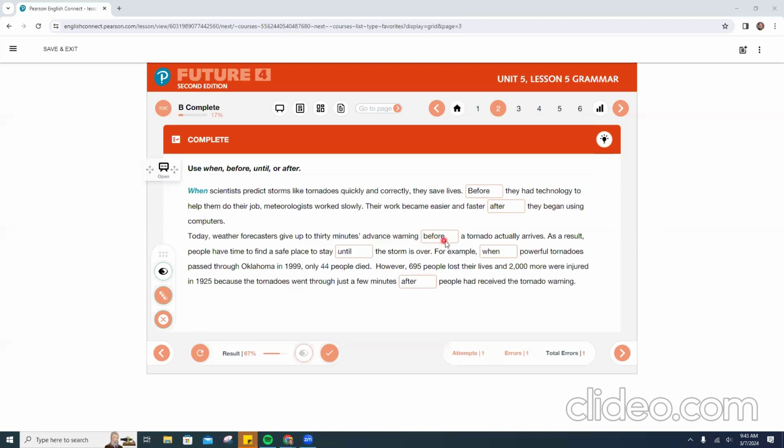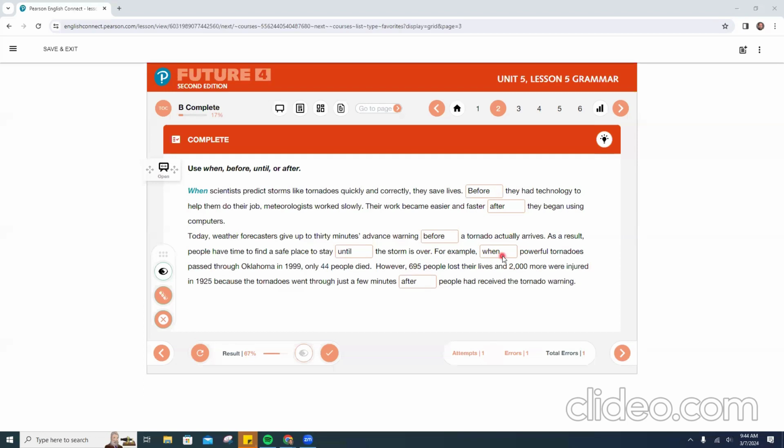Next one, the correct answer is before. Weather forecasters give up to 30 minutes advance warning before a tornado actually arrives. Next one is until. Have time to find a safe place to stay until the storm is over.